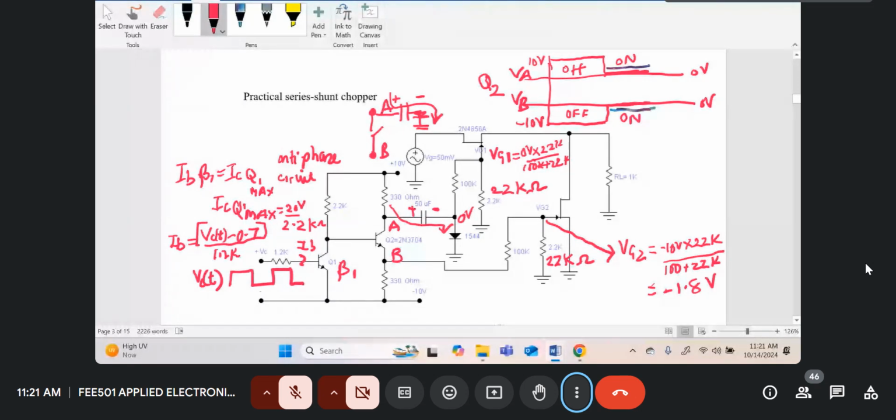So this voltage, we'll assume, is enough to switch off FET2. Let's assume the top one is FET1. I hope you people are following.